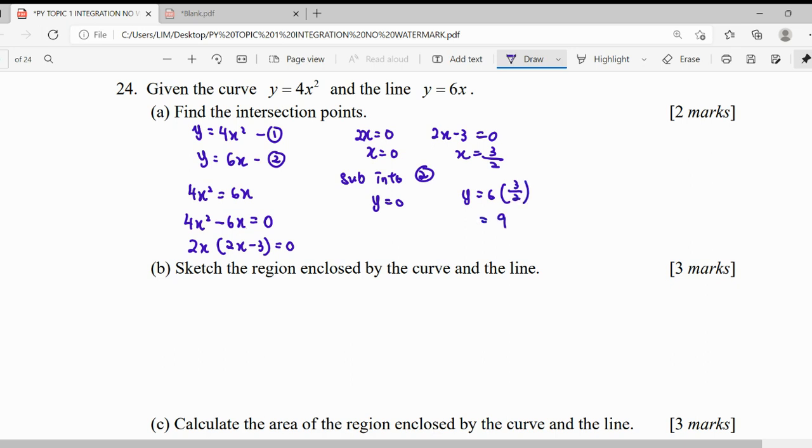They want points. When we want points, we are going to rewrite it in the format of a point in coordinates, which is in brackets. So the points of intersection are (0, 0) and another point is (3 over 2, 9).